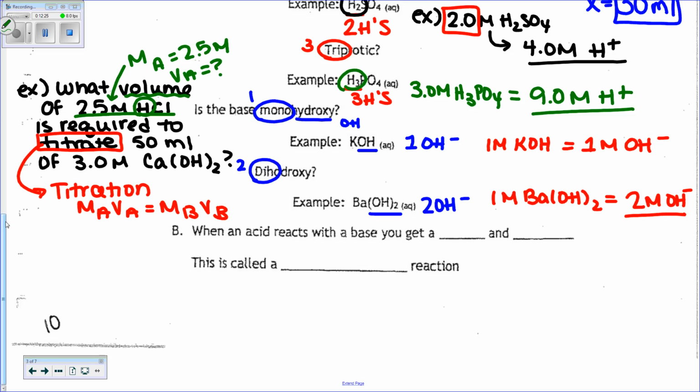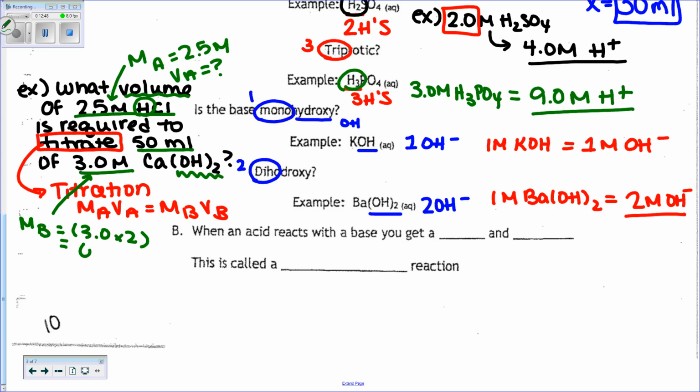They tell me I have 50 milliliters of 3.0 molar Ca(OH)2, but pay attention here, 2 OHs. So this number right here is not actually your molarity of base. Your molarity of base is actually 3.0 times 2, because you have 2 OHs.